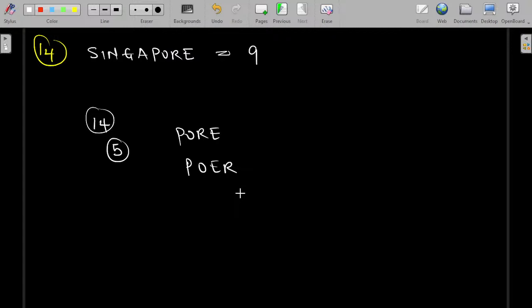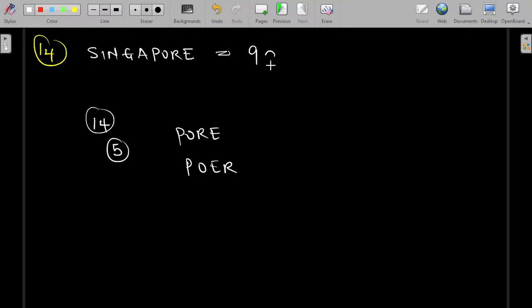So assuming you are looking for arrangement here, this would have just given you 9 permutation 4. So you are looking for the different ways you can arrange 4-letter words out of 9. But here you are just combining. So whether you combine it as P-O-R-E or as P-O-E-R, it will still be the same distinct letters. So in other words, this is going to be a combination.